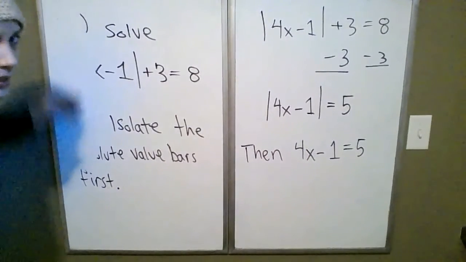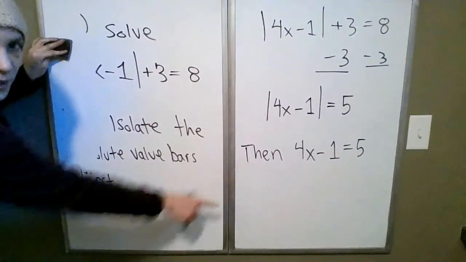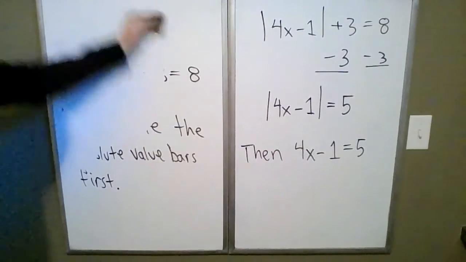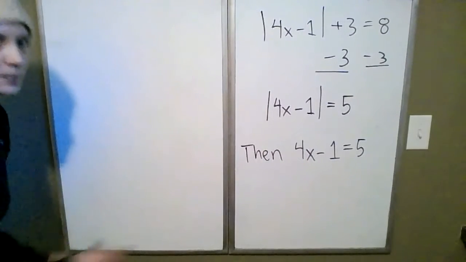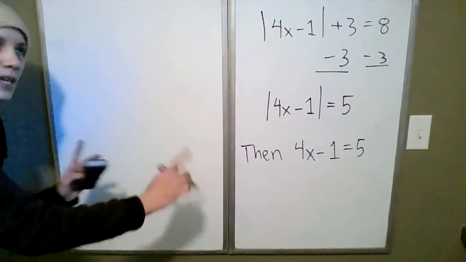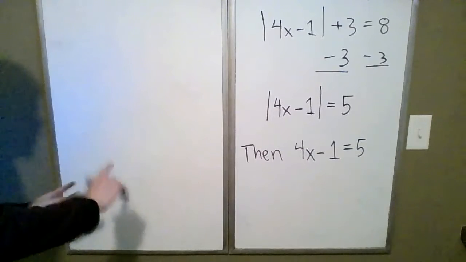If you are taking notes, I'd leave some space to solve that part because I'm going to set up the other equation as well, and we'll work on both of them separately.